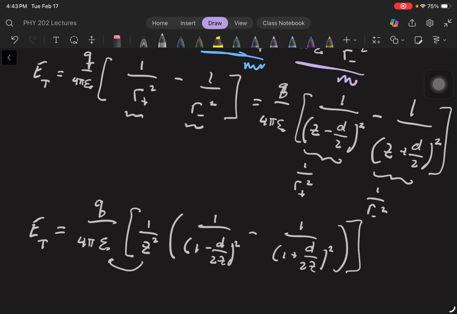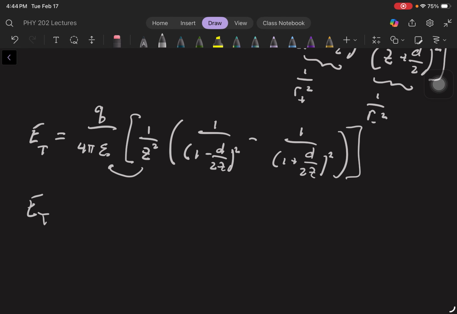We're going to go ahead and move the z out. And so we get the total electric field from a dipole is q over 4 pi epsilon naught z squared. And then we want to find a common denominator for these two. So we multiply both by what?